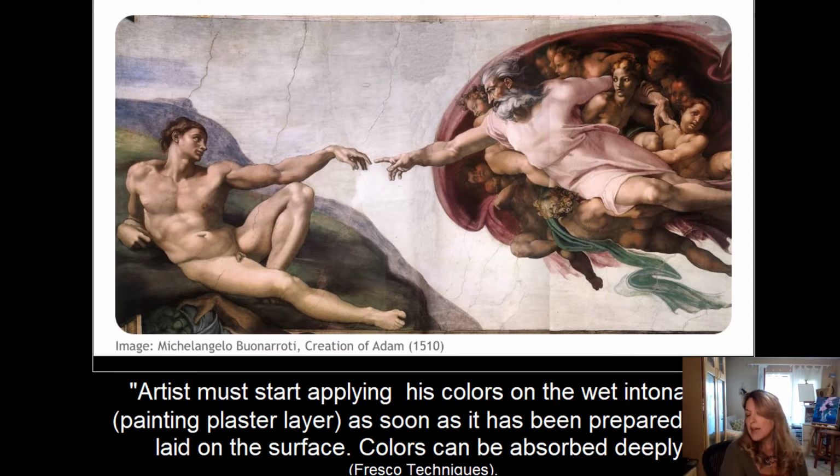But here we have the artist must start applying his colors on the wet intonaco, which is the painting plaster layer. As soon as it has been prepared and laid on the surface, the colors can be absorbed deeply. So this is why they tend to be preserved pretty deeply. Now, it wasn't too long ago, they did do a complete redo of the Sistine Chapel, and colors that they thought were brownish were actually pretty clear.